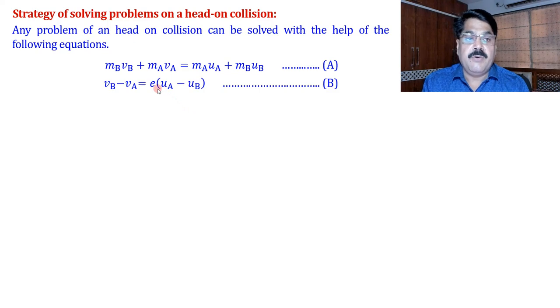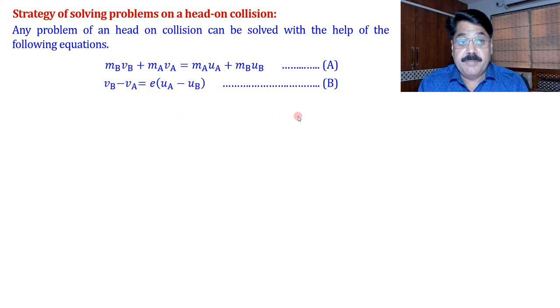So in this way we have a total of 7 variables, and we have two equations. So any problem on head-on collision is solvable if out of these 7 variables 5 are known. Only 2 we can determine. In this way we can solve all varieties of problems.